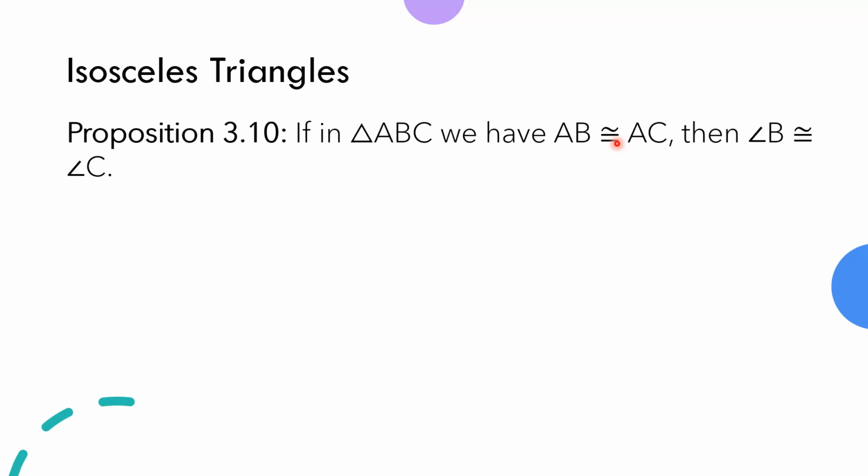So we have AB congruent to AC, two congruent angles, and the reflexive side. From that we have SAS, and then angle B is congruent to angle C because corresponding parts of congruent triangles are congruent.